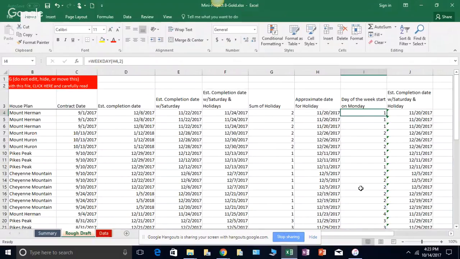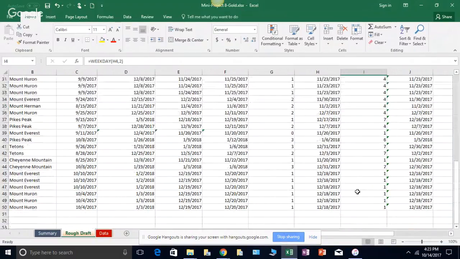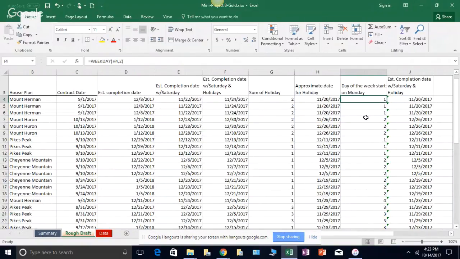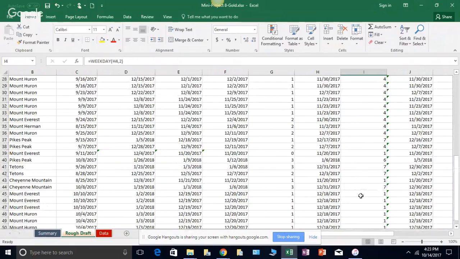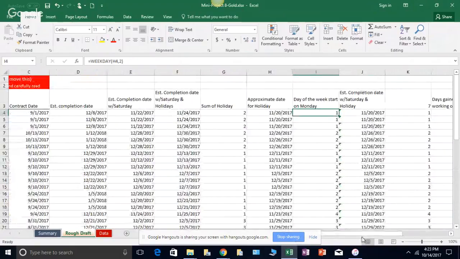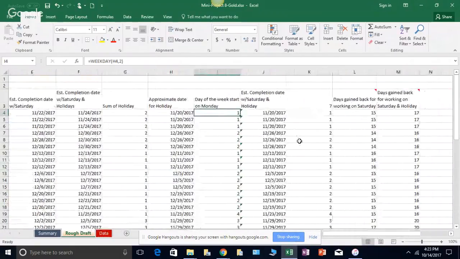So I had to take this, but as you can see, there's 7, based off of the weekday. I based it off Monday being the first and 7 being the Sunday. But as you can see, some of these dates land on Sunday, which we can't do. So I had to take E4 minus G4, because that's how many days it was, and do this by international, because that was the approximate days.